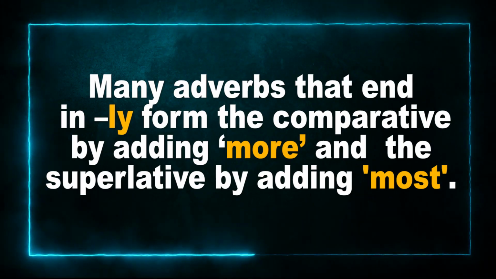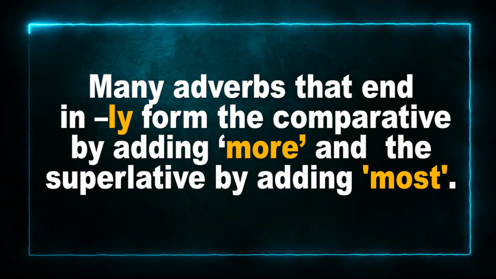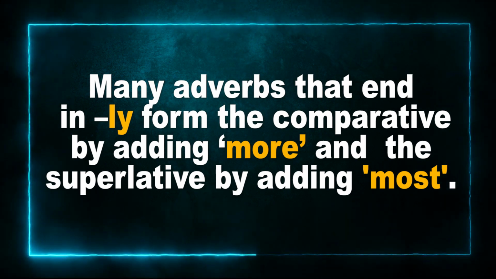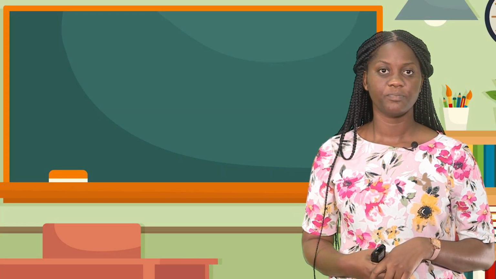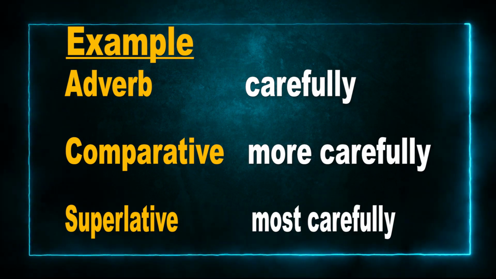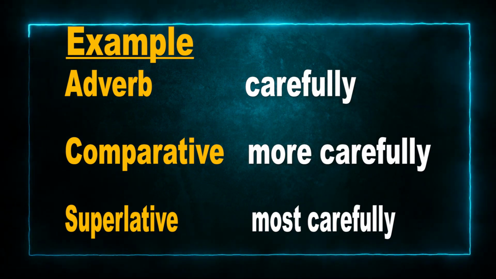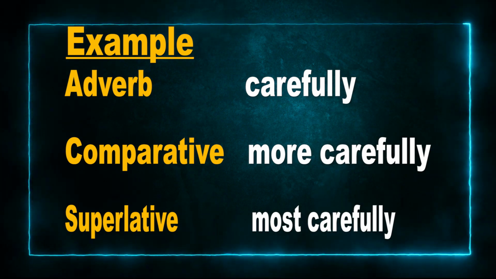As we stated, many adverbs that end in ly form the comparative by adding more and the superlative by adding most. Let's take a look at these examples. We have the adverb carefully in its positive form. In the comparative degree, it would be more carefully.